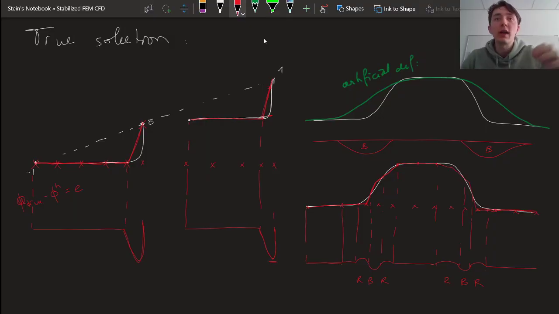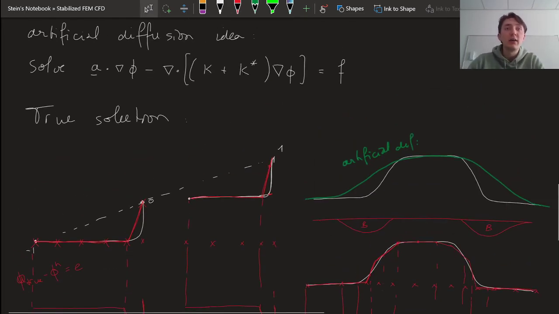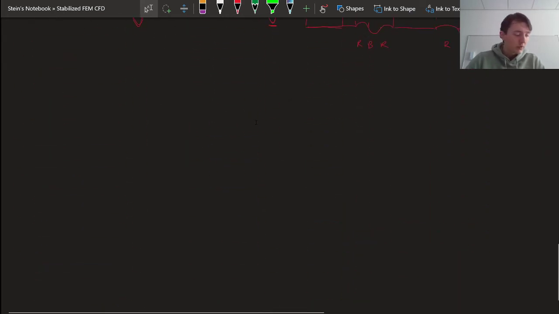We're going to try to change our idea of adding this artificial diffusion, but now not in all directions, but only in the direction of the flow. So we're going to get actually an orthotropic diffusion, right? Right now we have an isotropic diffusion, something that diffuses in all directions. We want to make this an orthotropic diffusion. Okay, so that's the basic idea and basic motivation.